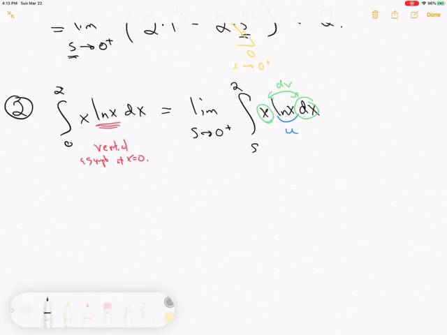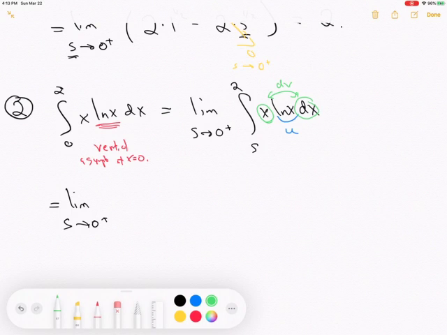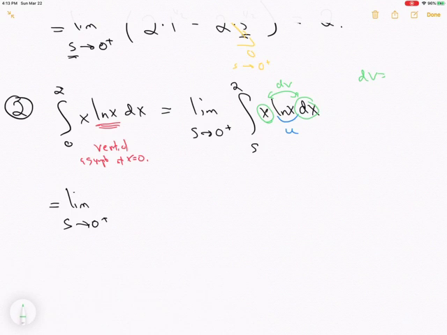And so using integration by parts, still inside the limit, it should be equal to u times v. Let me just set it up. If dv is x dx, then if you integrate that, we get x squared over 2, which is v.